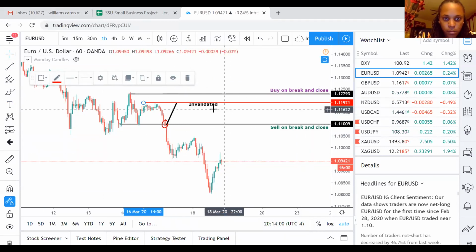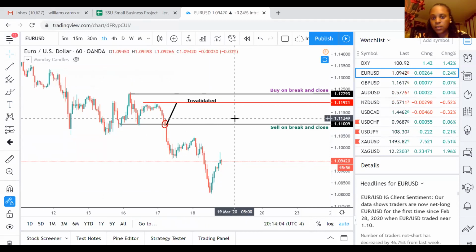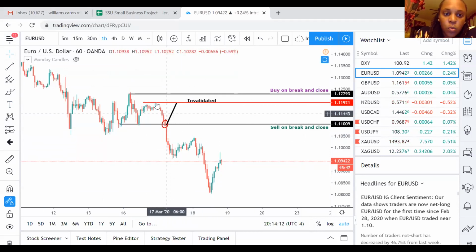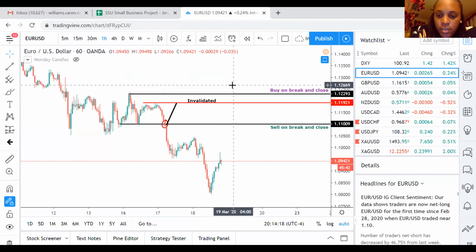If it passed your previous high, the sell is invalidated. From the previous high, once it breaks here, it actually goes into what I call buyer's territory.